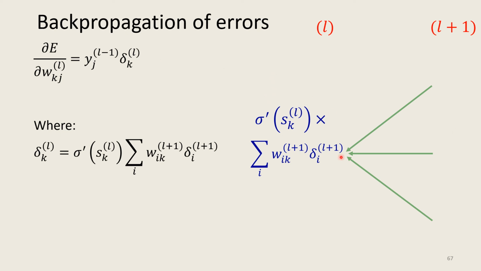So this is backpropagation of errors. We have to go backwards when we compute the errors. So we start from the output layer, we compute the deltas of the output layer neurons, then we step backwards one step and then backpropagate all the way to the input layer.